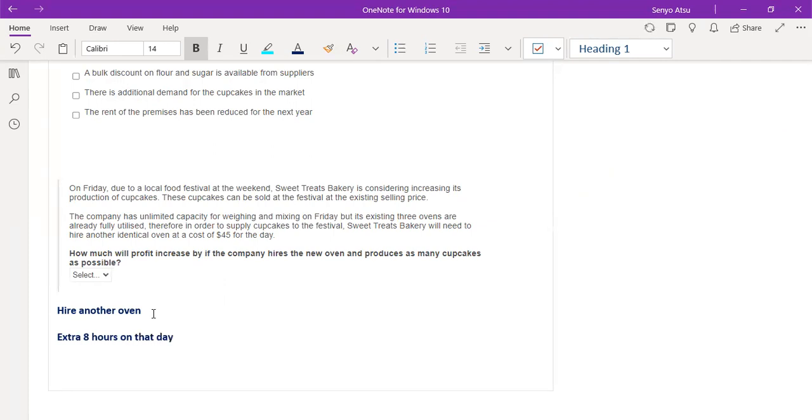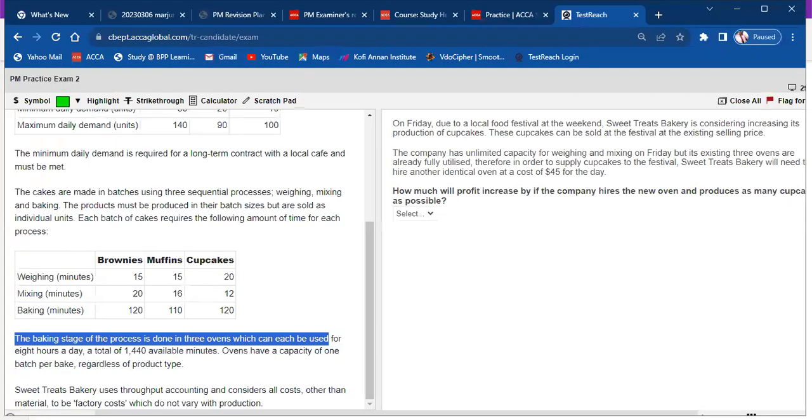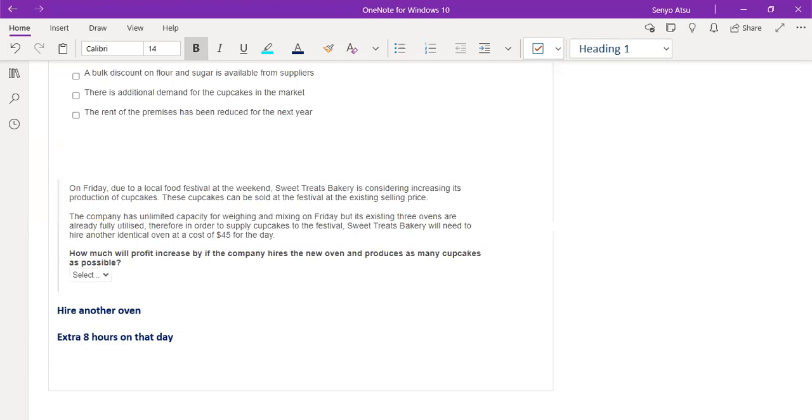So the implication of hiring one oven, let's read that again. The baking stage of the process is done in 3 ovens, which can each be used for 8 hours a day. So that extra oven I hire will be used for 8 hours on that day, and 8 hours in terms of minutes.